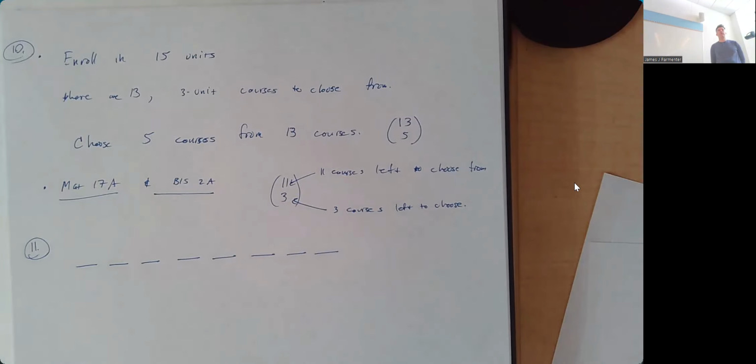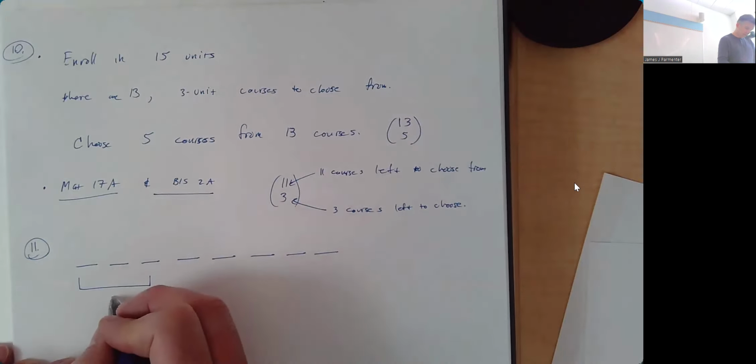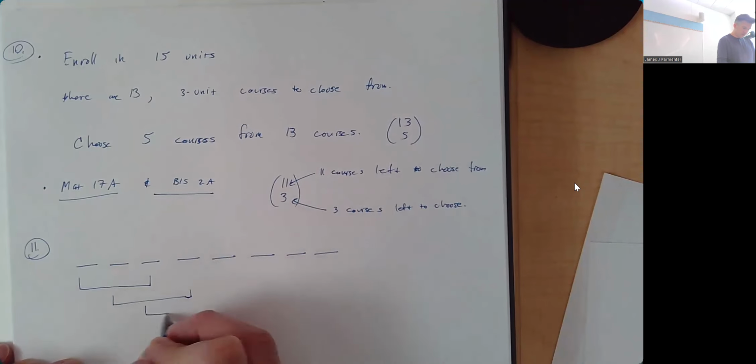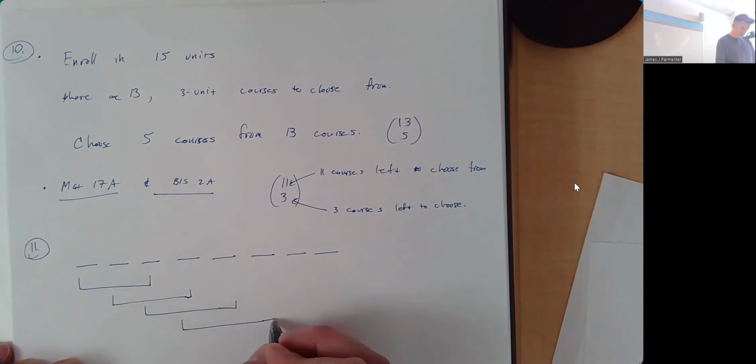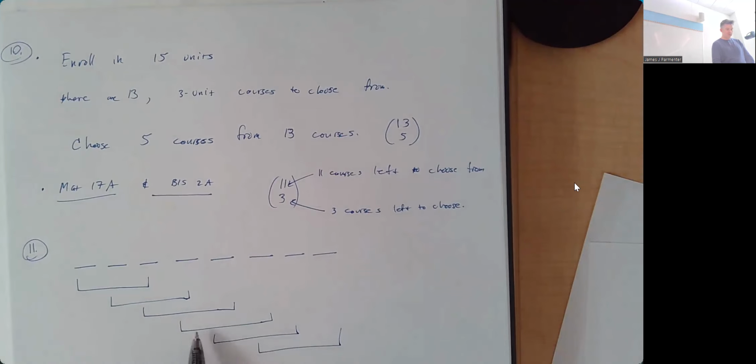So first of all, let's think about where we can seat these 3 men that have to sit together. Well, the 3 men could sit in the first 3 seats, or in the second 3 seats, or in the third 3, or in the fourth 3, or in the fifth 3, or in the sixth 3. There are 6 groups of 3 chairs that those men could sit in.